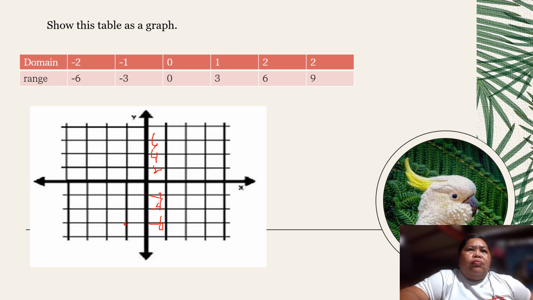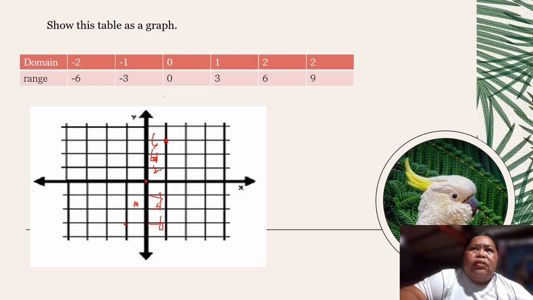Then we have (-1, -3), then (0, 0), and then (1, 3). Then we have (2, 6), and then (2, 9). If you think your 9 is here, okay.